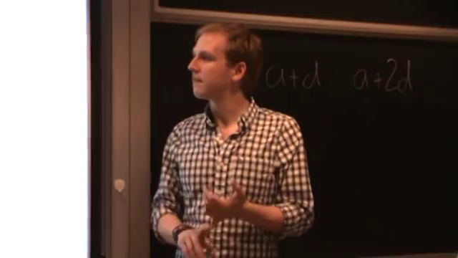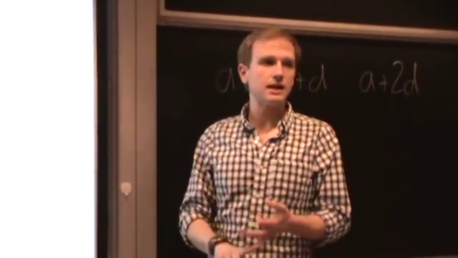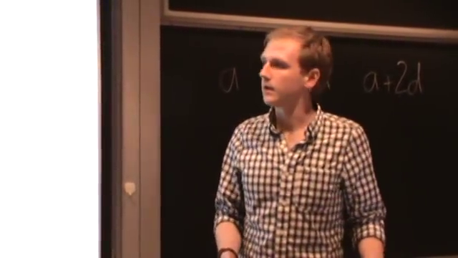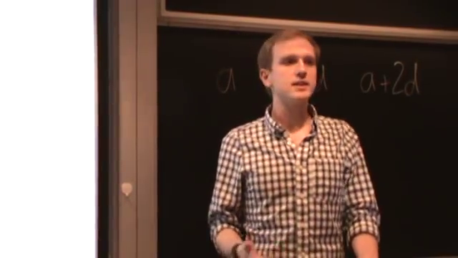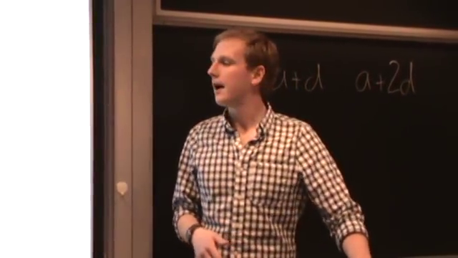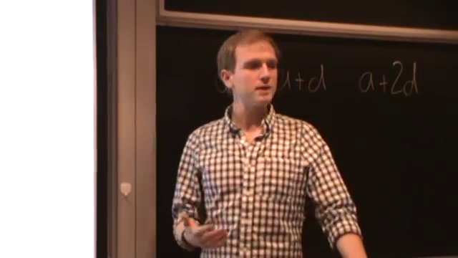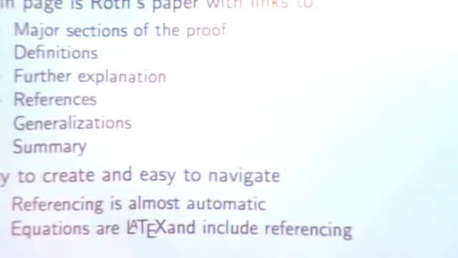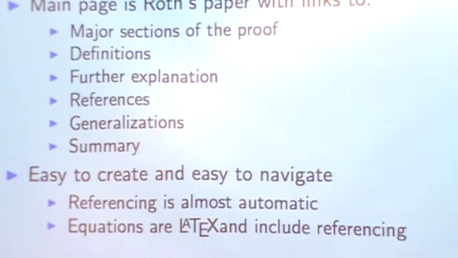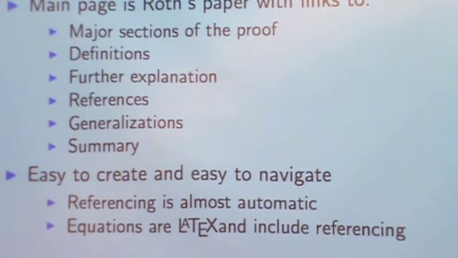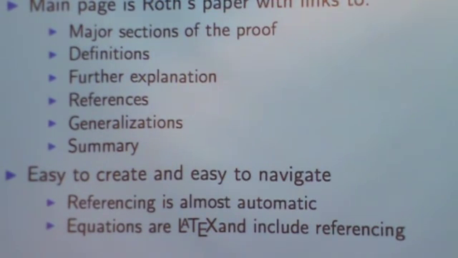I've added links to definitions, references, generalizations, summary, and so on. The advantage is it's much easier to create than HTML. Referencing is pretty much automatic. You put square brackets around the title of a page, and it links to that page. Equations are really easy to program using LaTeX, and it also includes automatic referencing.